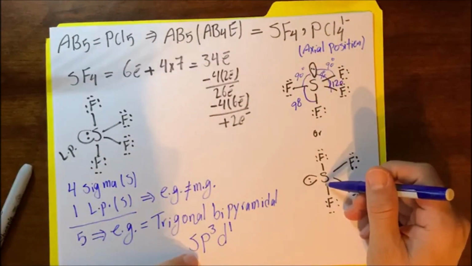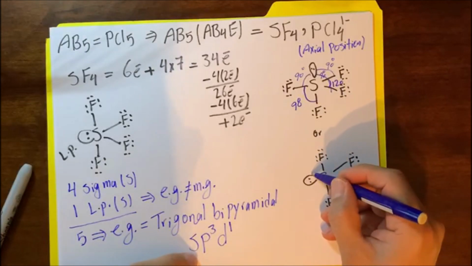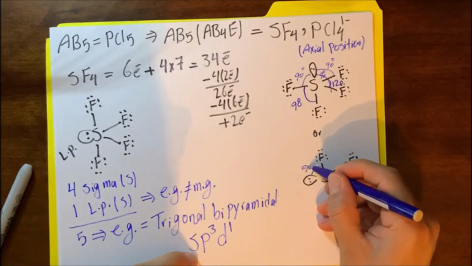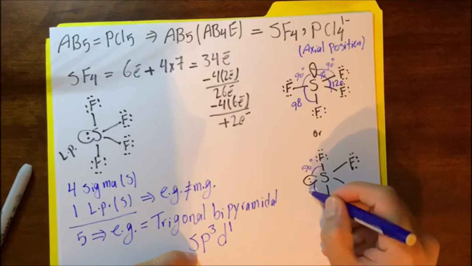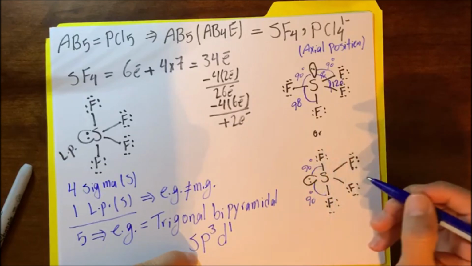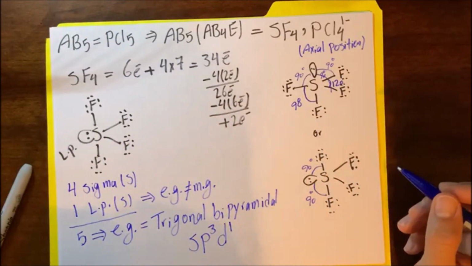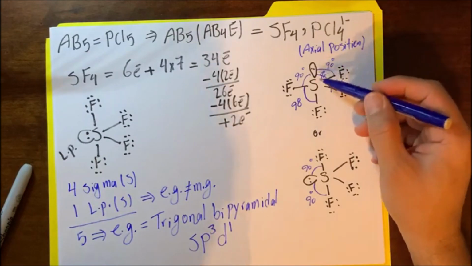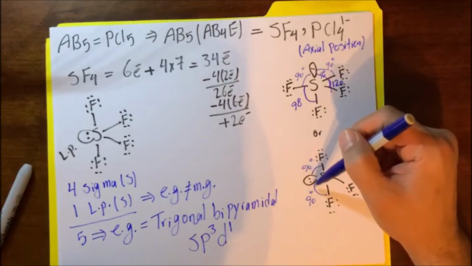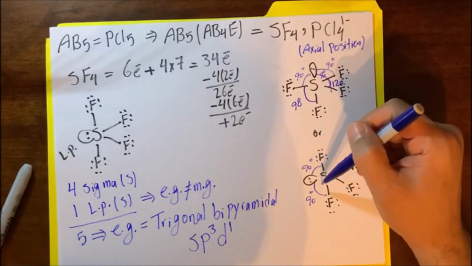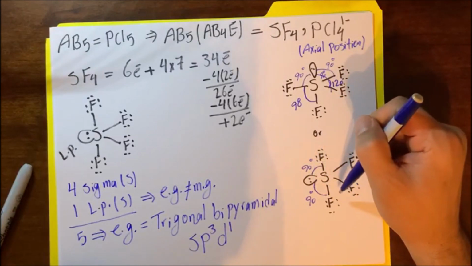But in this case, when you put it in equatorial, you will have one 90, and that's the second 90. So instead of three, we got only two 90 degree interactions between lone pairs and bond pairs.